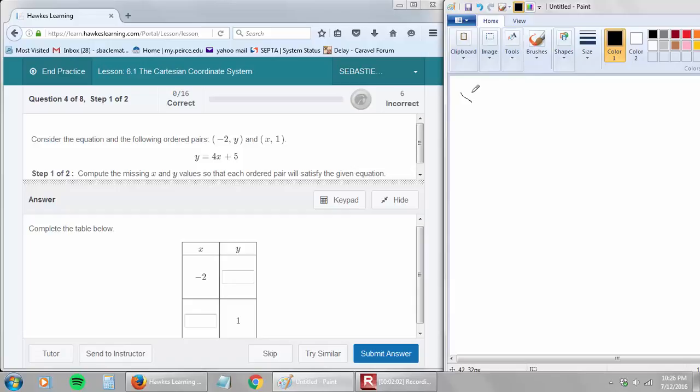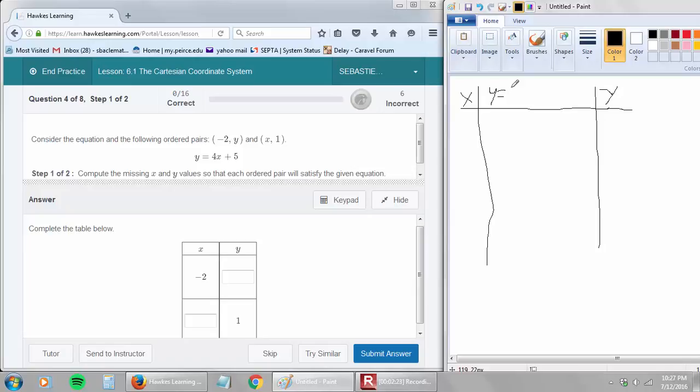If you have not seen the videos for 6.1 and 6.2, this might be an alien idea to you, but we're just going to make a table, and we're given a value for x, and we're just going to replace that x in the equation with that value.